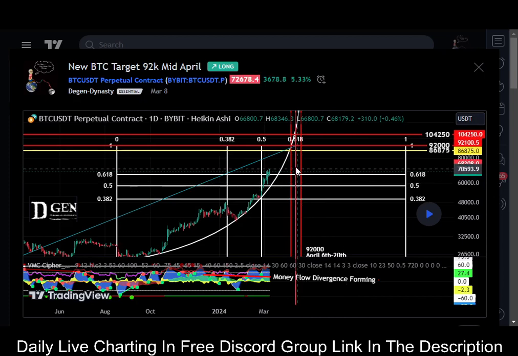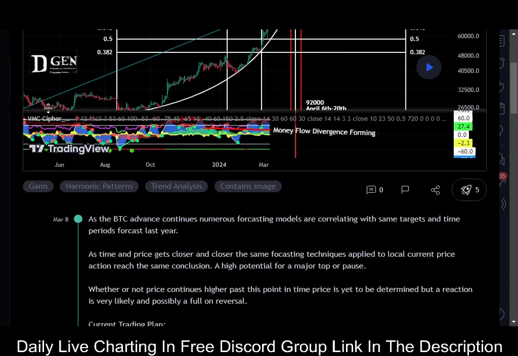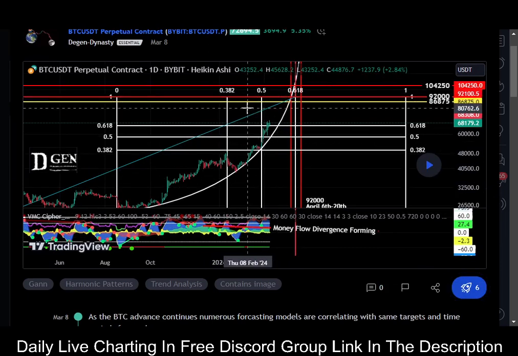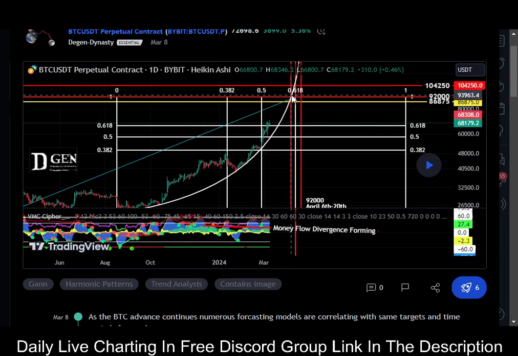I mean, I have no idea. Hopefully it turns into what we've seen at 30 to 32,000. Distribution / reaccumulation. And so, I mean, that's what I'm looking at on this. I'm looking at when I take this Gann box and expand this to the upside, it gives me very nice correlation in the $92,000 area.